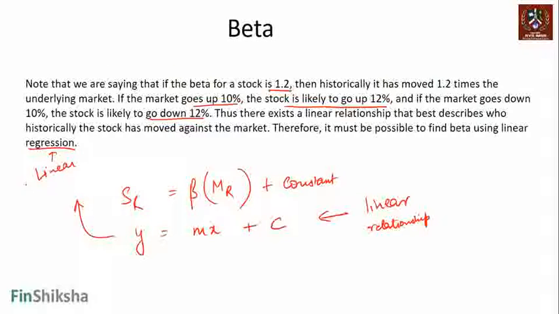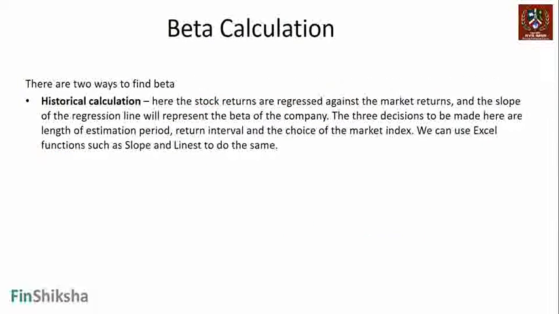So if you take two data points, the returns of the stock versus the returns of the market, and you calculate a regression on them, that's going to give you this equation. The slope in this particular equation is what is going to be the beta, right? The slope of this equation is what is going to be the beta. So it must be possible to find using this regression what the answer is, right? And that's what we're going to try and do.